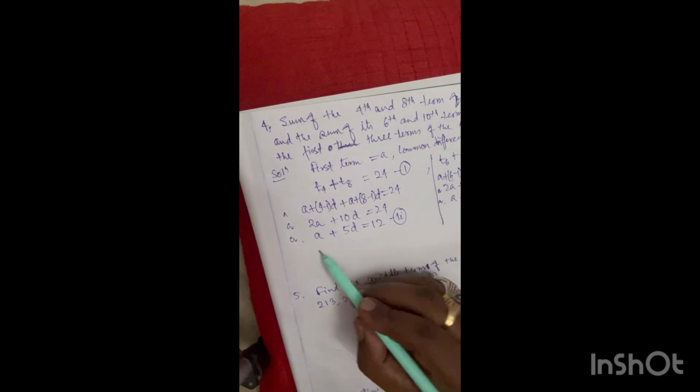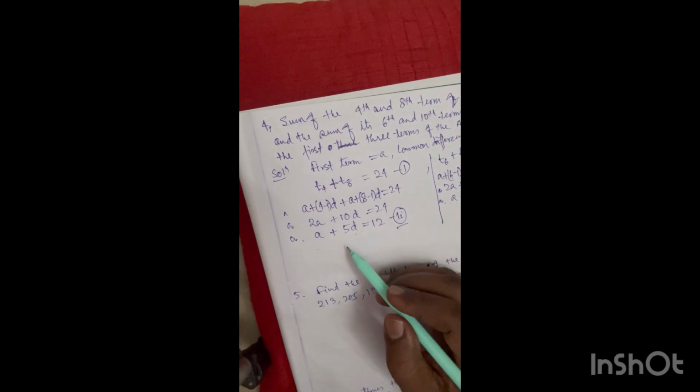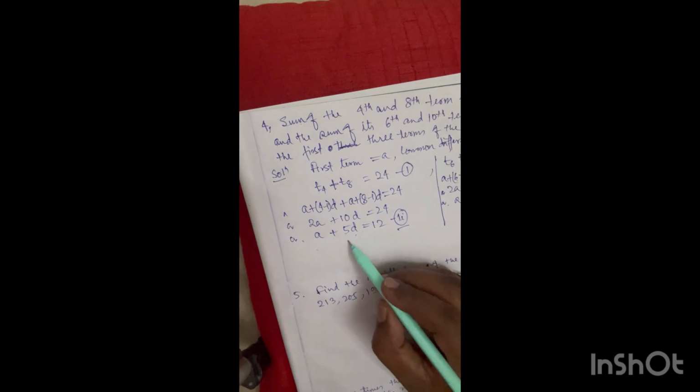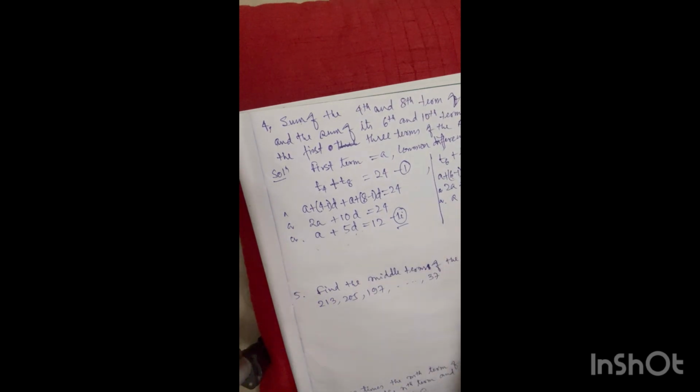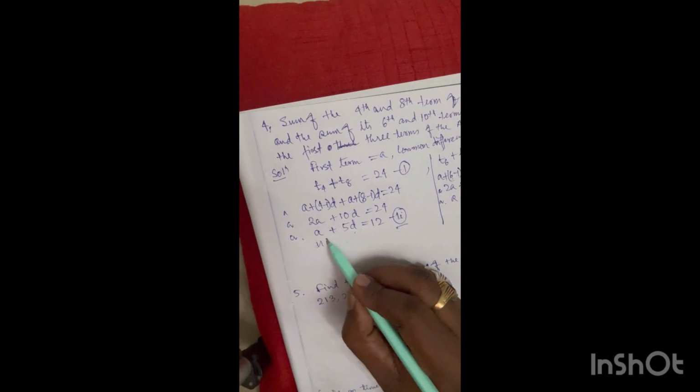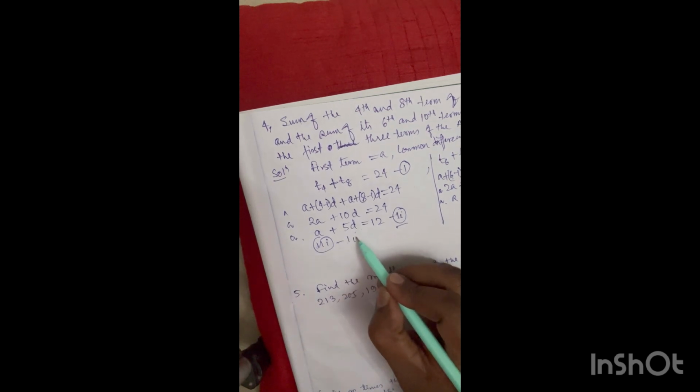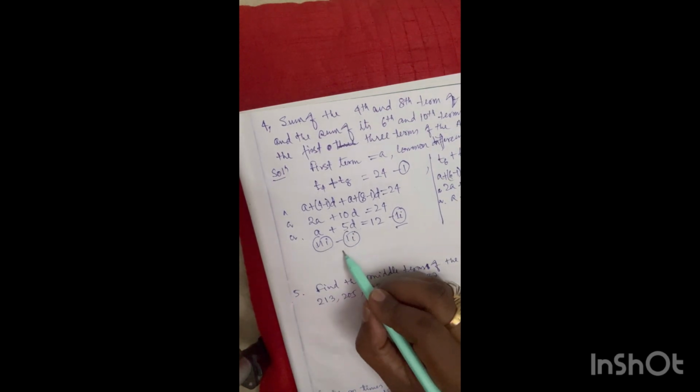You can solve these two equations; you know how to solve linear equations. By subtracting equation 1 from equation 2, you get 2D is equal to 22 minus 12, that is 10.